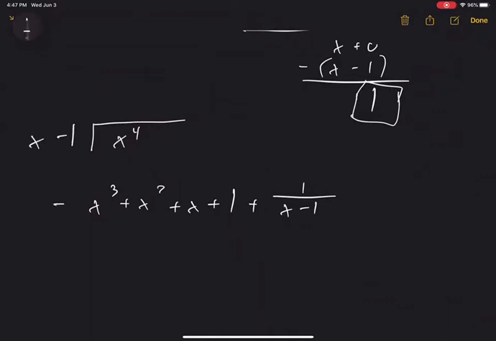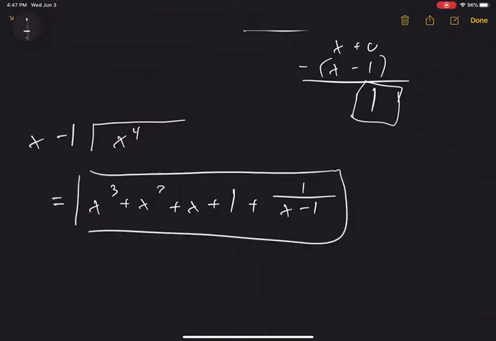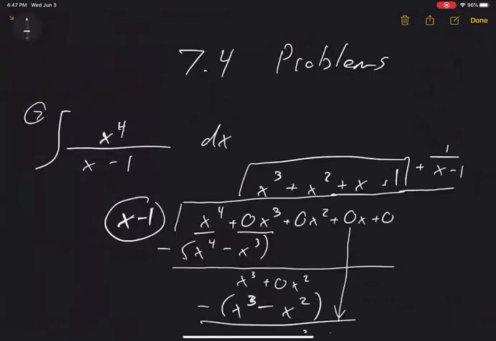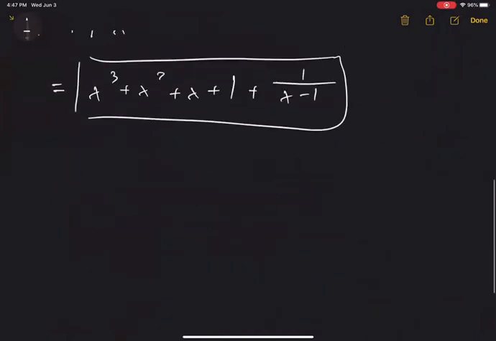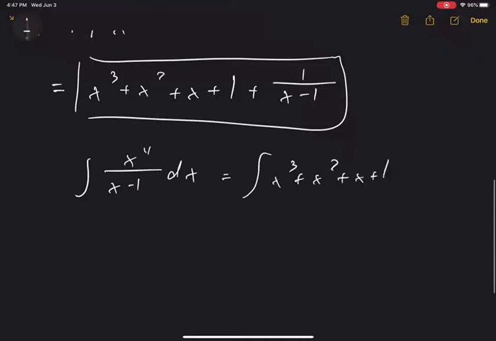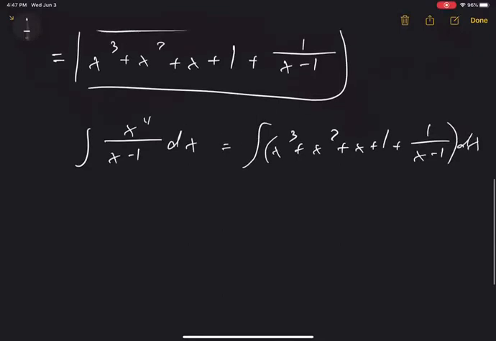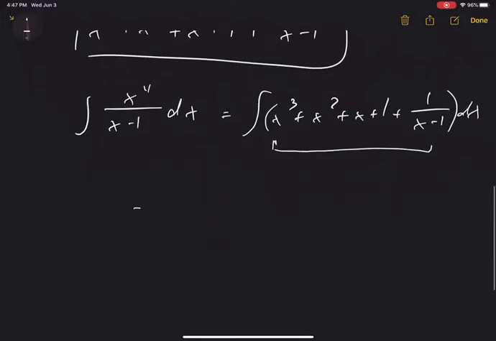So now what does my integral become? Instead of having x to the 4th over x minus 1, I have x cubed plus x squared plus x plus 1 plus 1 over x minus 1 dx. And now I can integrate all of this stuff. I don't even have to do partial fractions.